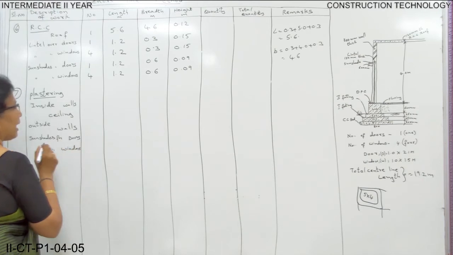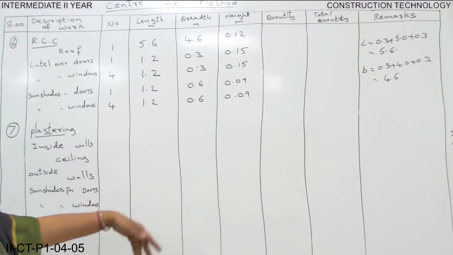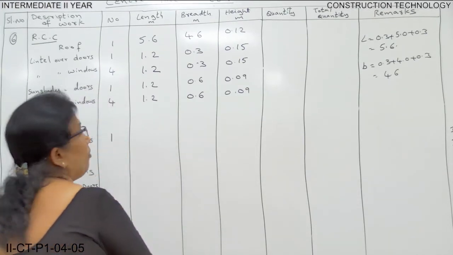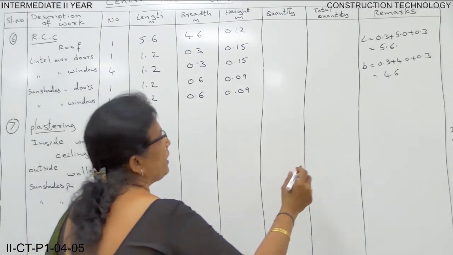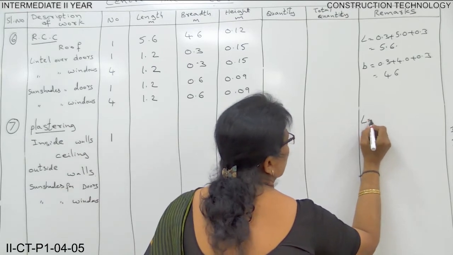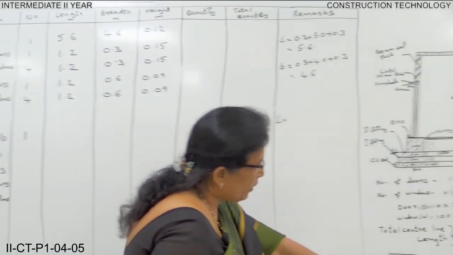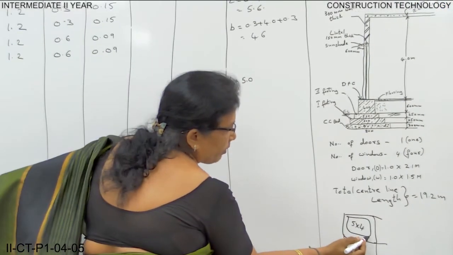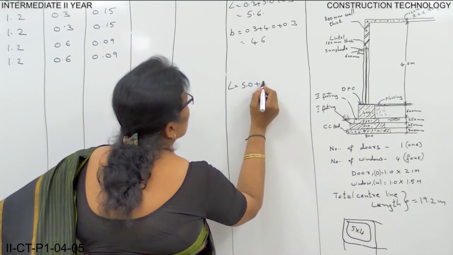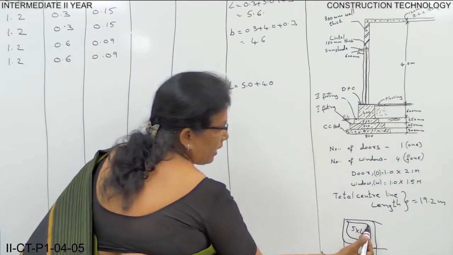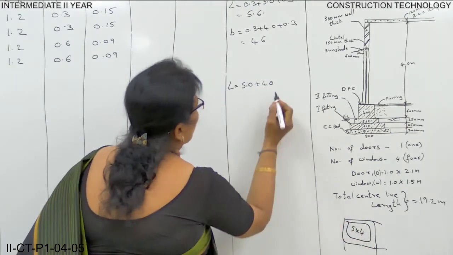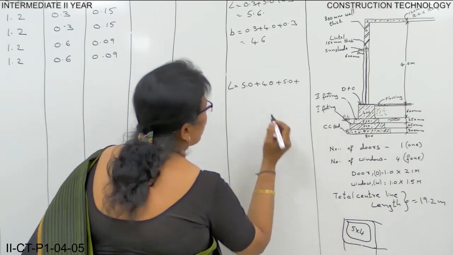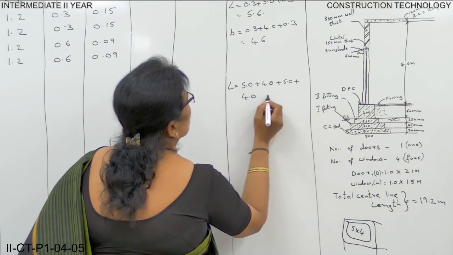So let us calculate the measurements now. Inside wall, number 1. Here the length of the wall, from here to here, is 5 meters. Just write 5.0. From here to here 4.0. Again this side 5.0, plus again from here to here 4.0.